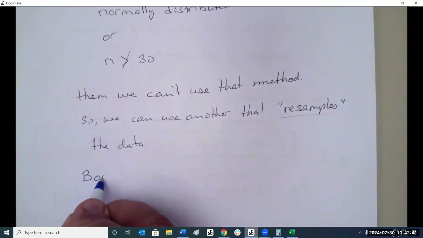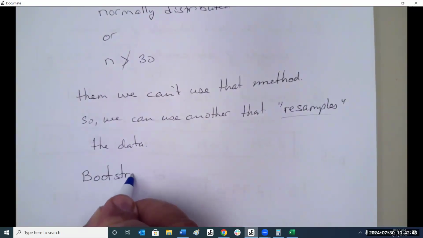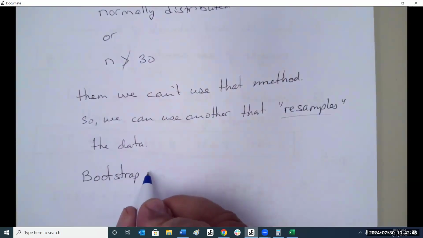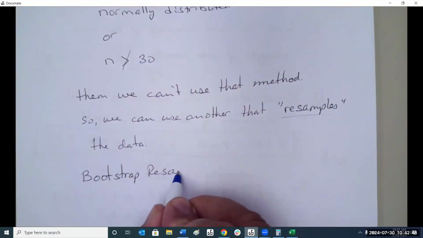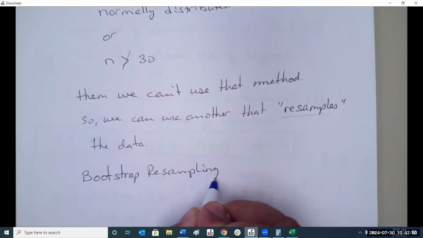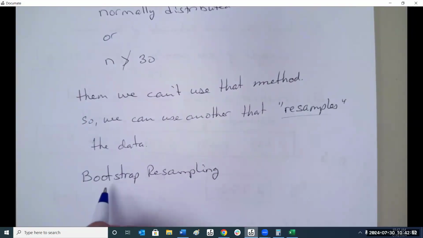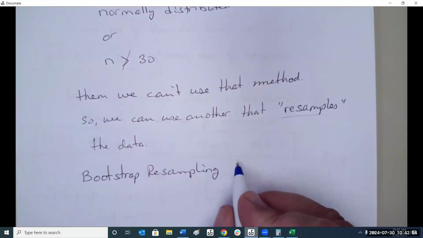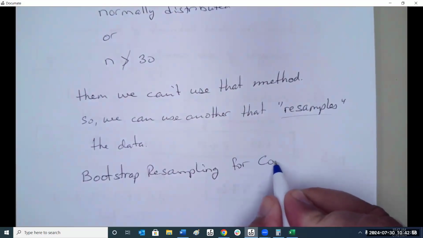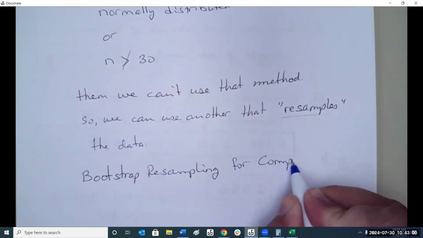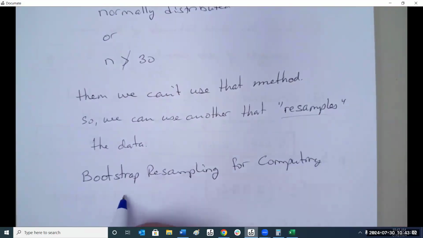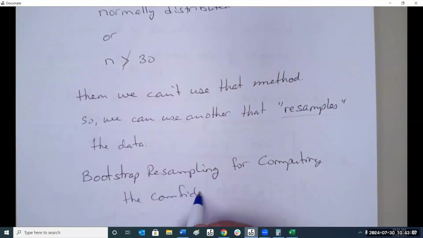For an example, we can use a bootstrap resampling for computing the confidence interval.